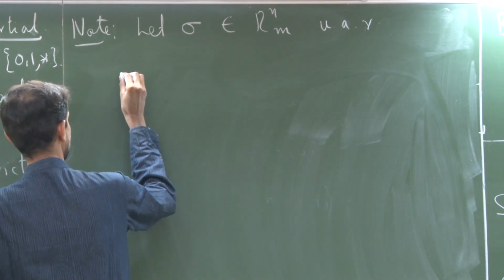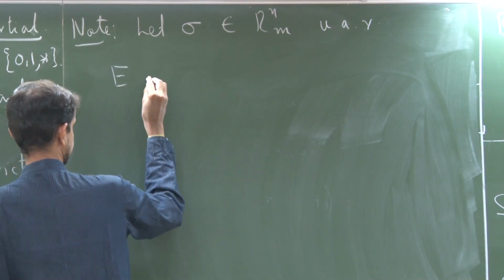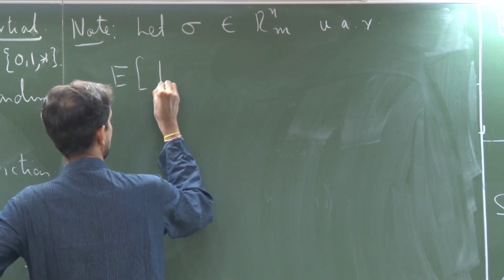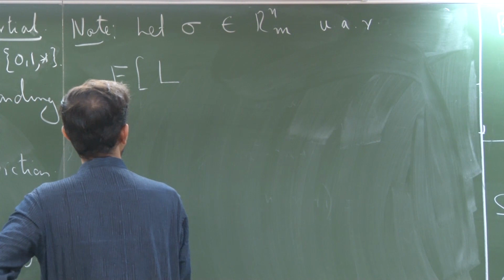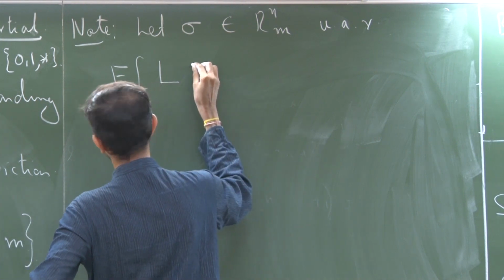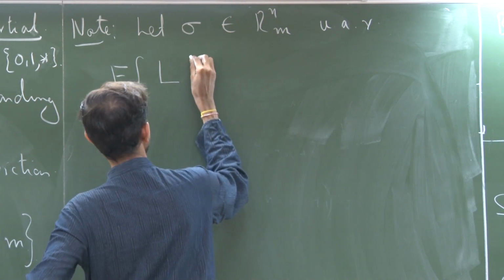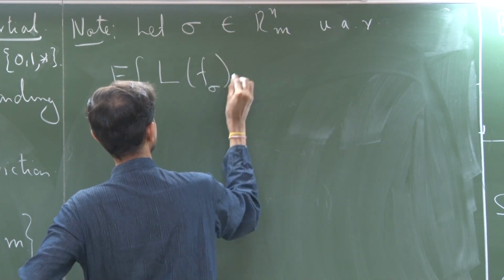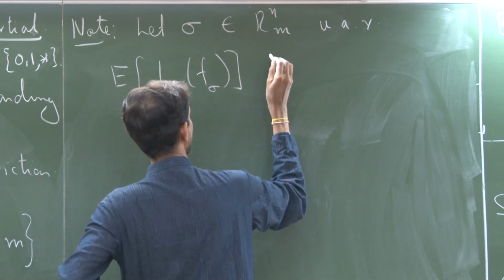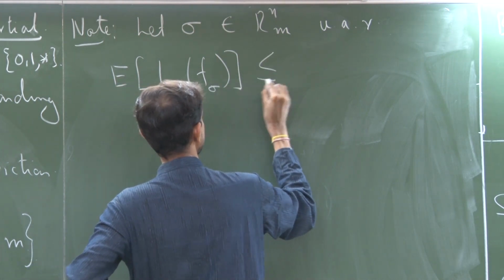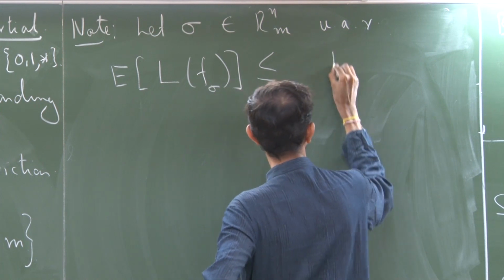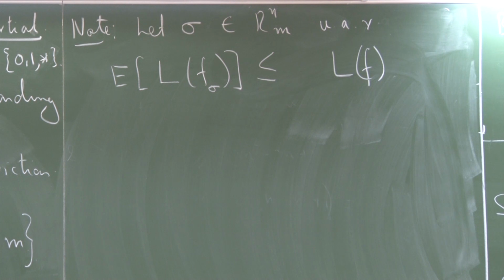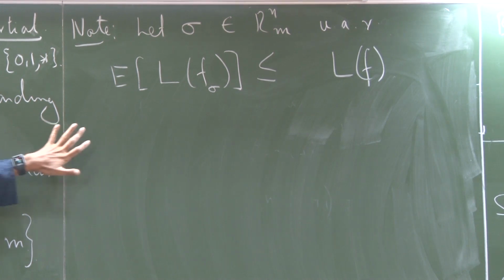What can we say about the expected size of L of f restricted to sigma, in terms of the size of f? Let us try to understand the meaning of this.